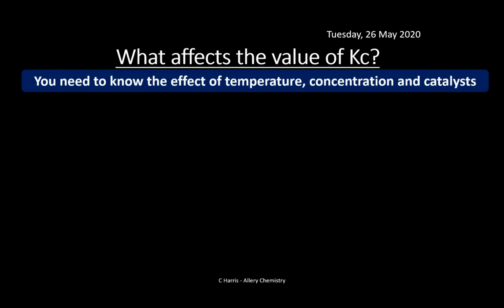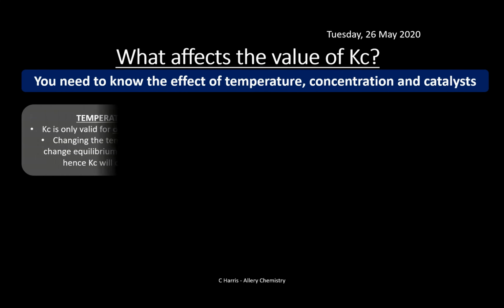You need to know the effect of temperature, concentration, and catalysts on this equilibrium constant. This is vital for the chemical industry, because if we can understand how to change equilibrium, we can change the yield, and any of these factors might have an advantageous or an adverse effect. So let's have a look.